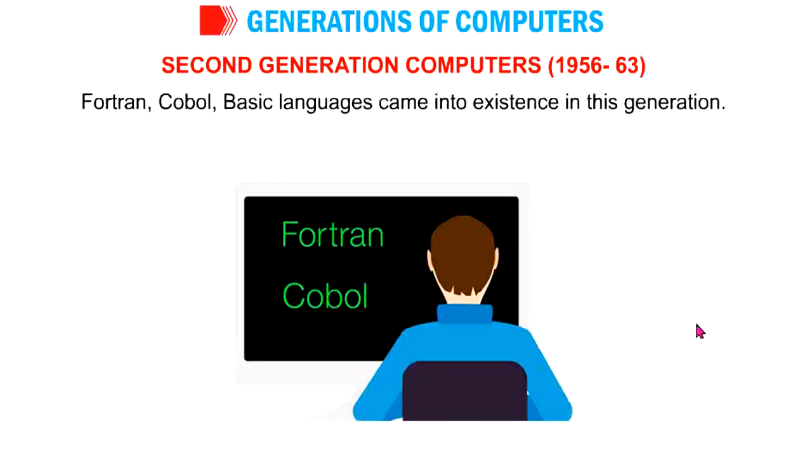The second generation computers used transistors. Fortran, COBOL, BASIC languages came into existence in this second generation of computer from 1956 to 63 or 64.